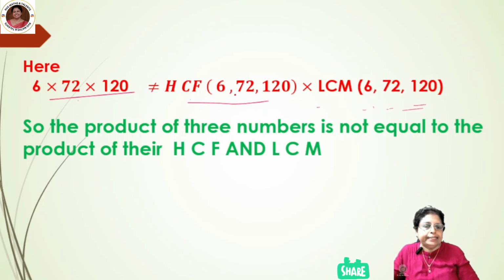That means this relation is not true here. Okay. So the product of three numbers is not equal to product of their HCF and LCM. So we have seen that product of two numbers is equal to the product of their HCF and LCM. But in the case of three numbers, that relation is not true. Okay. So you just remember that.